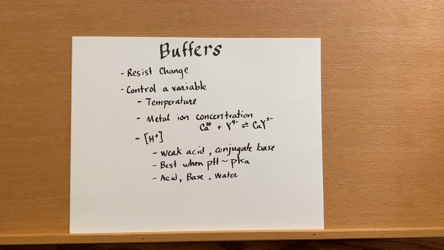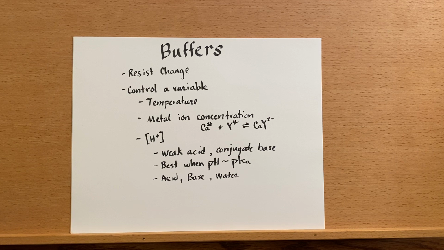Well, in the case of a buffer, that's true. But if we had a strong acid or a strong base, diluting them will quickly change the pH, especially for lower concentrations of strong acid or strong base. In fact, you can change whole pH units very quickly with a minimal amount of water. With a buffer, that won't happen.